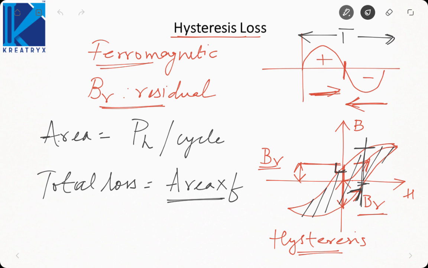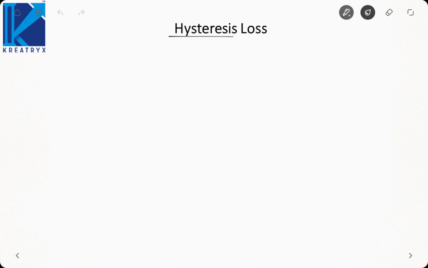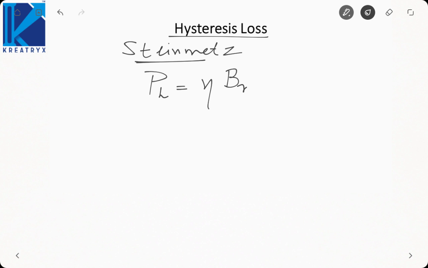Now how to estimate this hysteresis loss? This hysteresis loss is given by the Steinmetz formula. Okay, it says that hysteresis loss is equal to eta, where eta is the hysteresis coefficient or Steinmetz coefficient, Bm raised to the power x into frequency into V. V is the volume of the core.